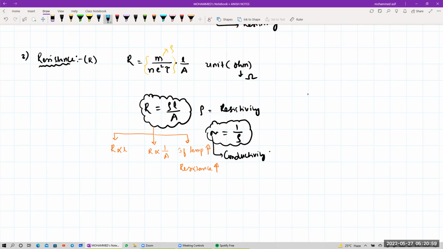How is that possible? We know the resistivity formula, rho is equal to m divided by n e square tau. If temperature increases, the relaxation time decreases. If the relaxation time decreases, resistivity increases. If resistivity increases, resistance also increases.